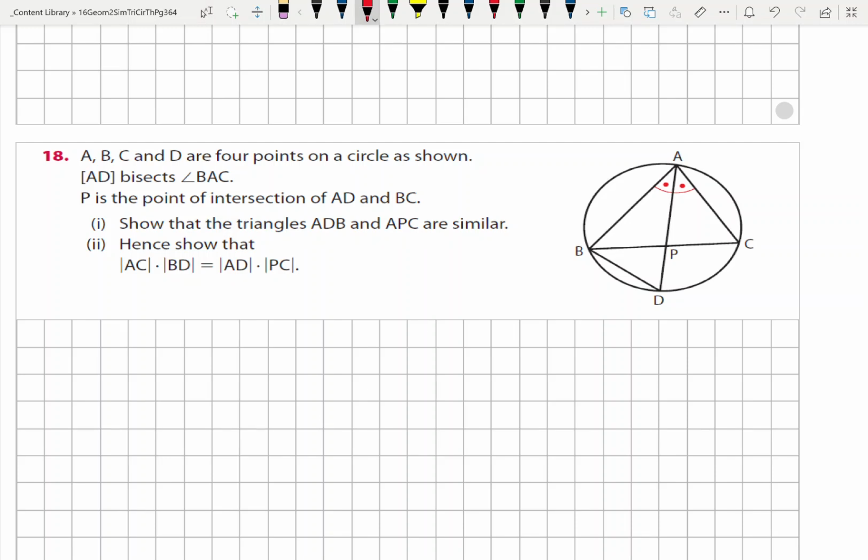AC times BD, that multiplied by that, is equal to AD multiplied by that, BC.